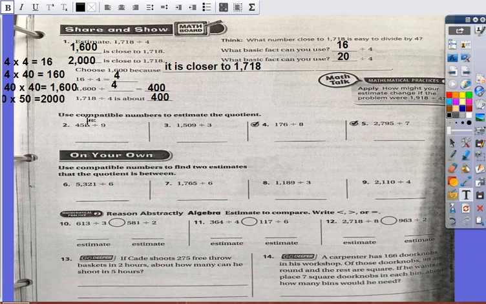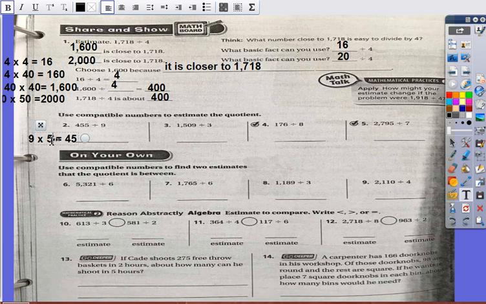Use compatible numbers to estimate the quotient. For this first one, I'm just trying to think 9 times what is as close as I can to 455. Remember, we're just estimating. We're not trying to find the exact answer. So I'm going to go 9 times 5 gets me to 45.